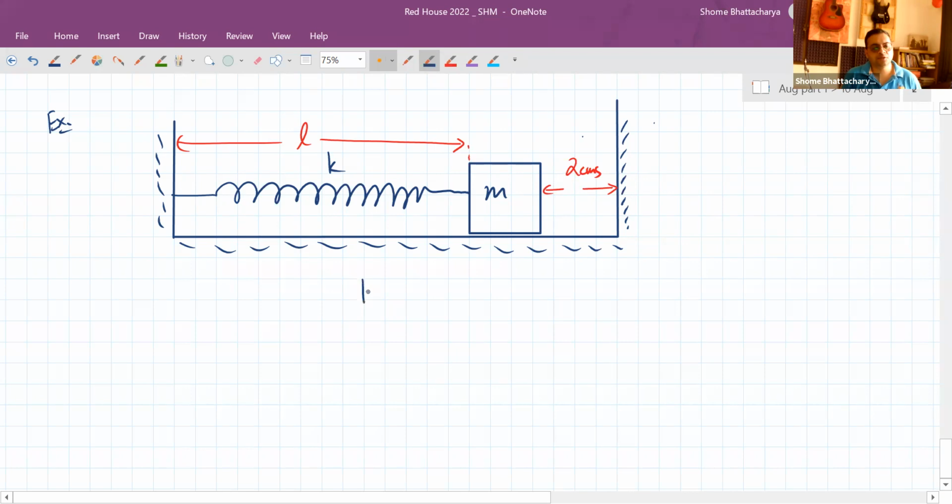Given that the spring constant is 4 Newton per centimeter, the mass of the block is 1 kg, the horizontal surface is frictionless.